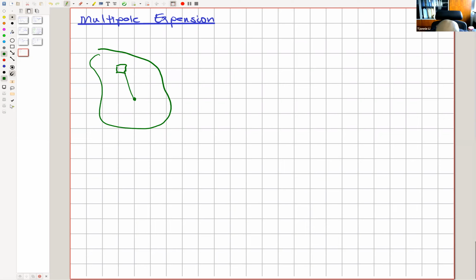So this arrow here is r prime, and let's take a look at some field over here. Let's call this r, and then this is r minus r prime. This is the observer, and this is the charge distribution over here, which is at r prime.